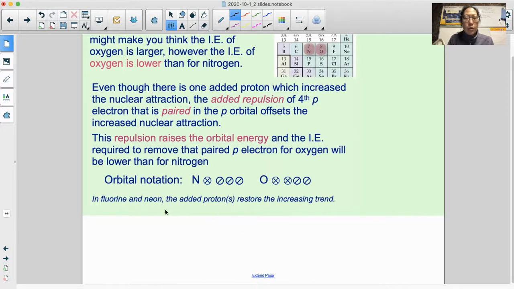Well, in our oxygen, I'm going to redraw these because this is some archaic orbital notation that you've probably never seen. For nitrogen here, we've got 1, 2, 3. We're just going to draw the 2p subshell.